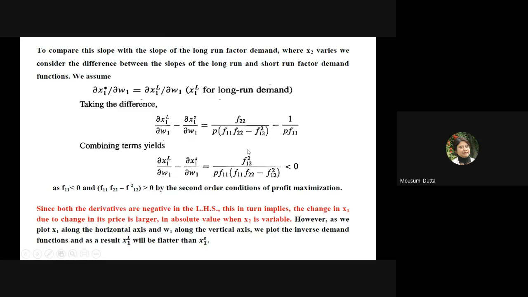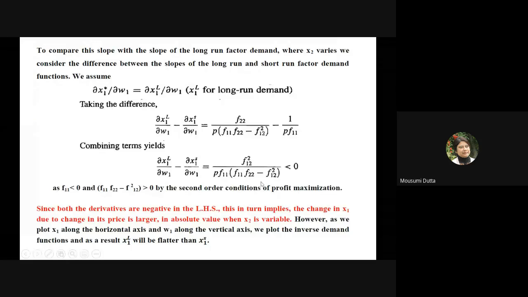Now once we get this value, we will like to check what will be the sign of this difference, whether it is negative, positive, etc. Now the numerator is a whole square, so it is always positive.